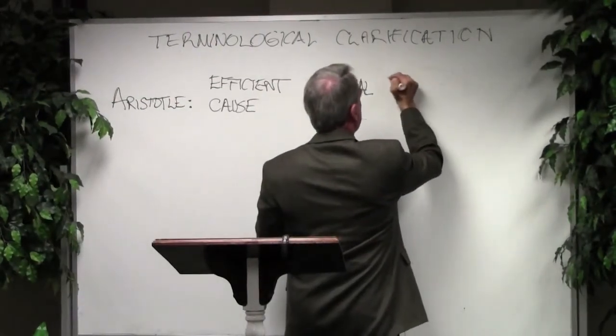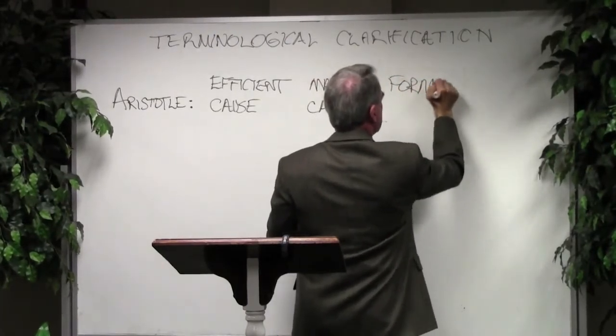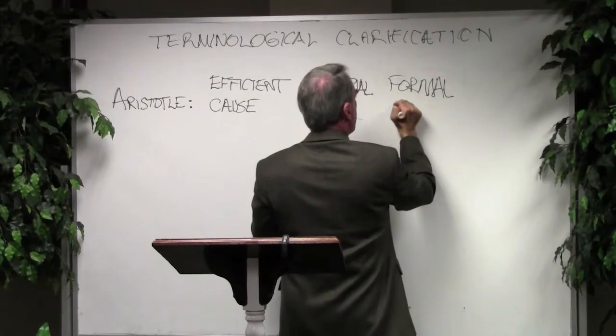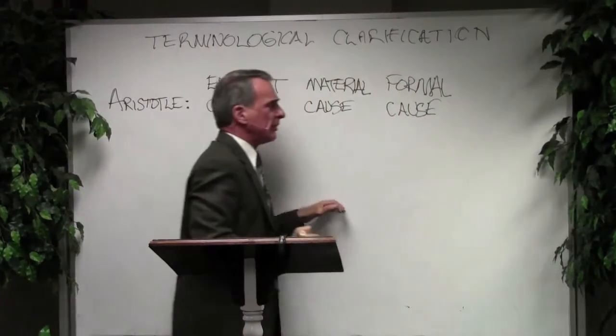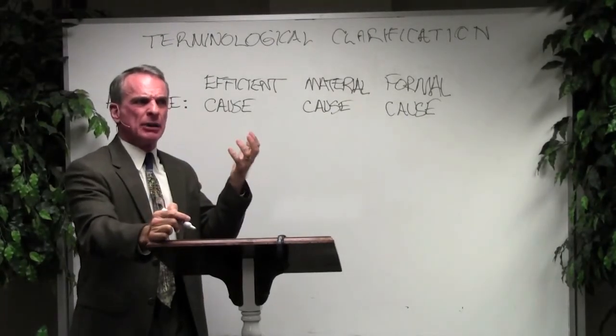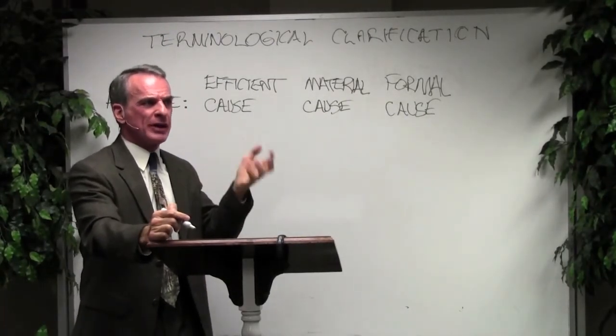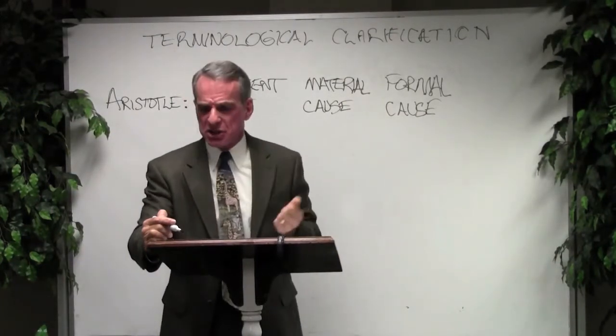Thirdly, there is what Aristotle called a formal cause. And this would be the pattern or the information content of the effect. The statue David has a certain pattern or structure or information content that determines its shape.